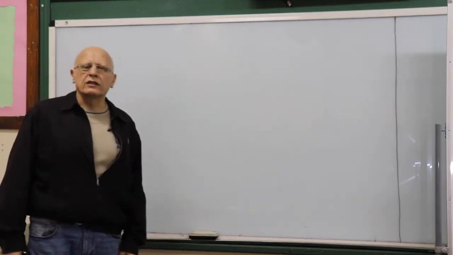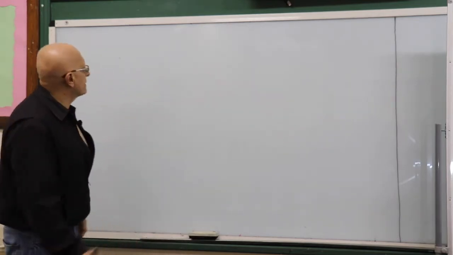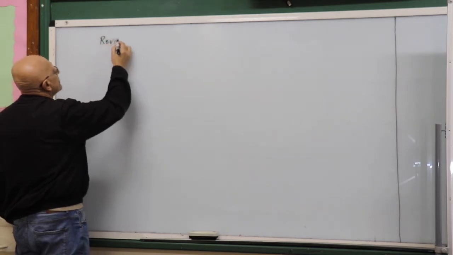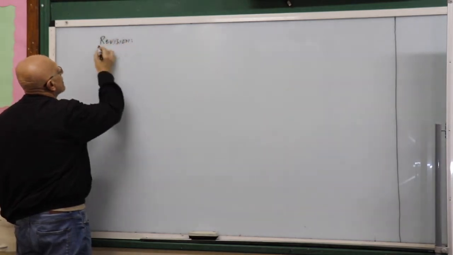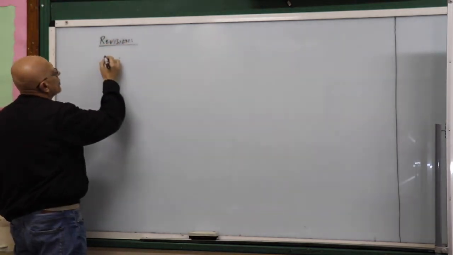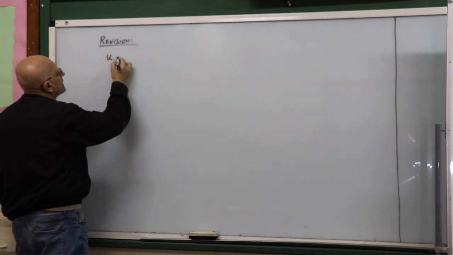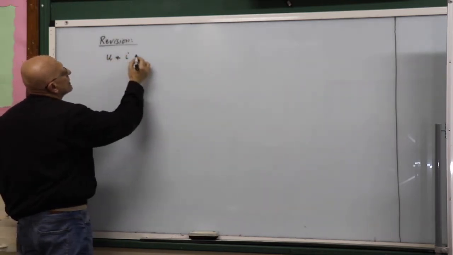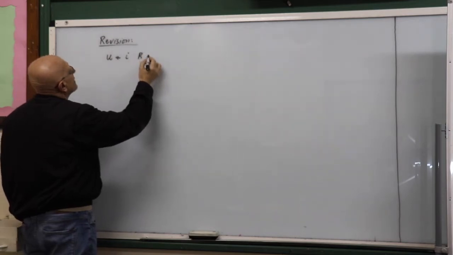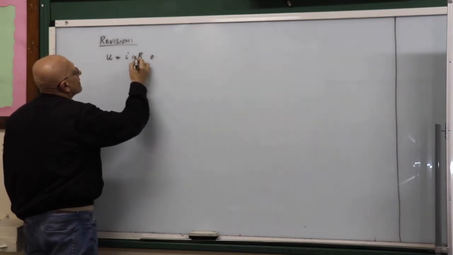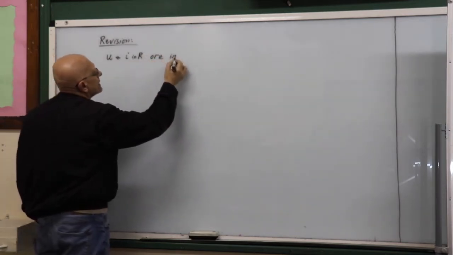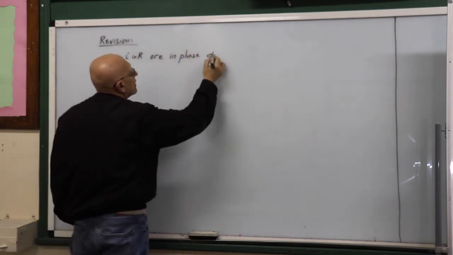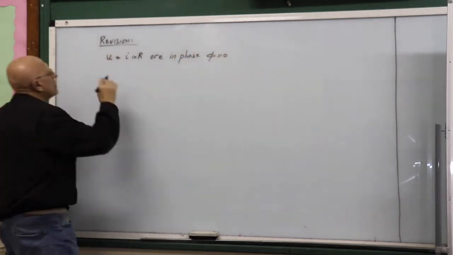And we concluded that voltage U and I passing through resistor R are in phase, so phi equals 0.